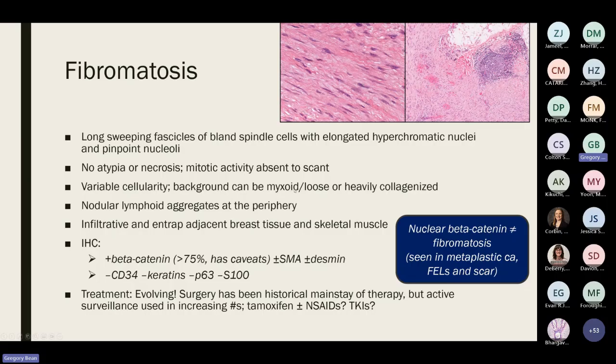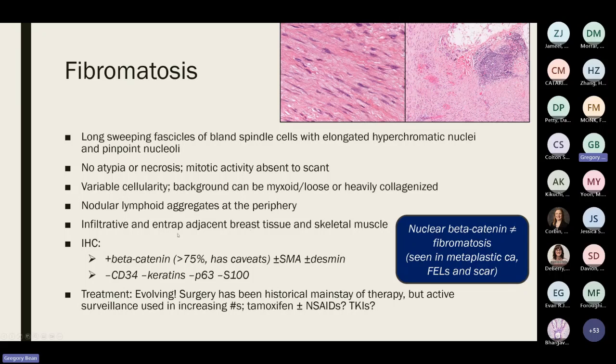You can have a hypocellular case that's more myxoid with loose stroma, or it can be heavily collagenized. One helpful thing that I find is these nodular lymphoid aggregates that you can see at the periphery of the lesion. They aren't specific to fibromatosis, but they can be seen in a subset of breast entities, and fibromatosis is one of them.